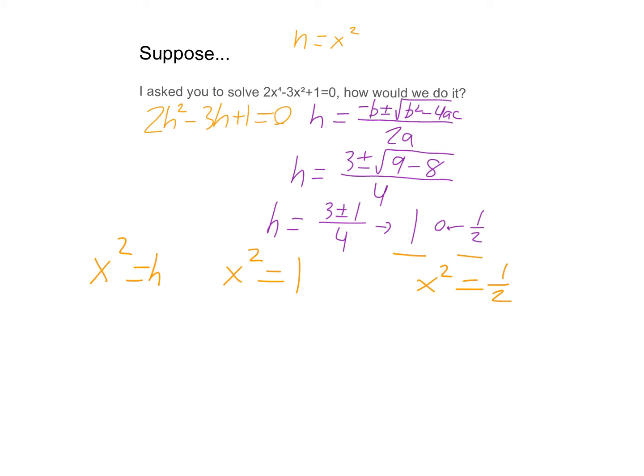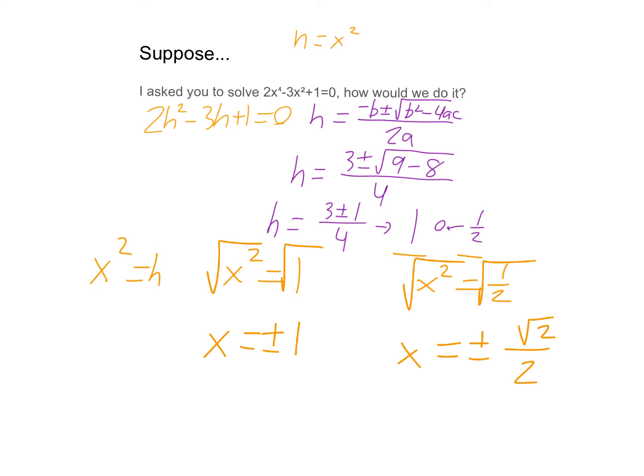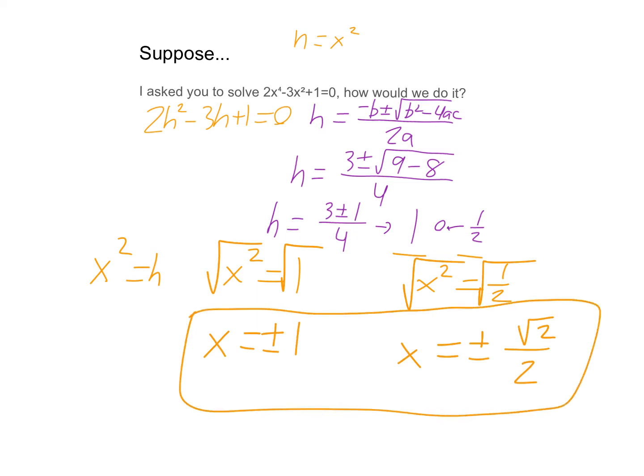I'm going to take the square root of both sides in each of these. I get x is equal to plus or minus 1. And over here, take the square root. X is equal to plus or minus, well, we've already seen that the square root of 1/2 is essentially equal to square root of 2 over 2, giving us 4 potential solutions of x is equal to plus or minus 1, or x is equal to plus or minus square root of 2 over 2.